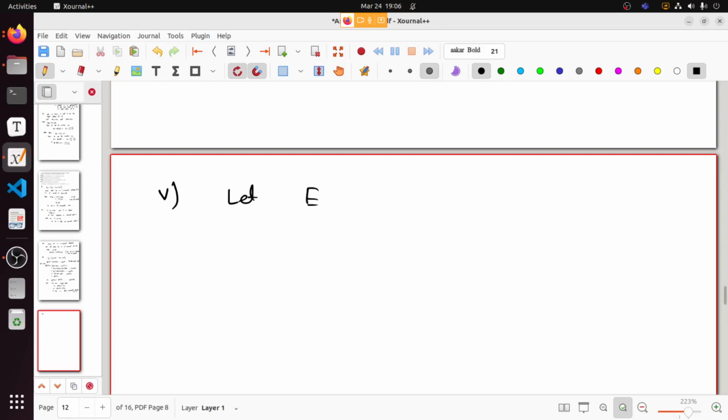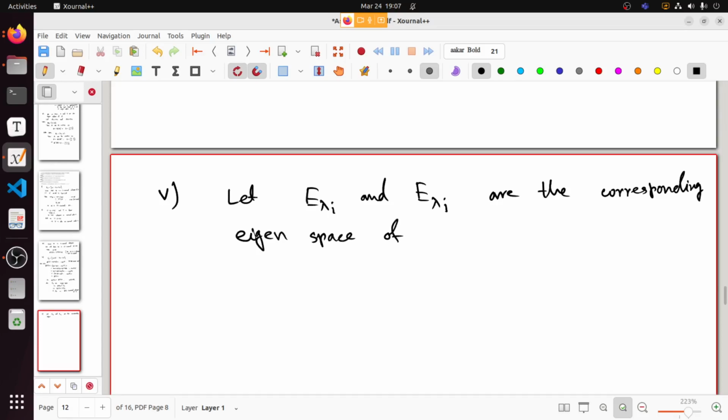Let E lambda i and E lambda j be the corresponding eigenspaces of lambda i and lambda j.